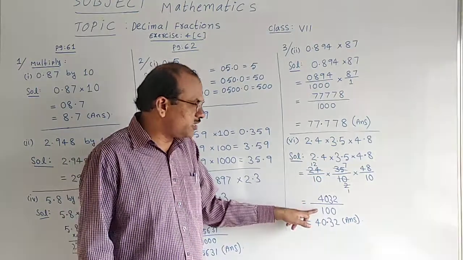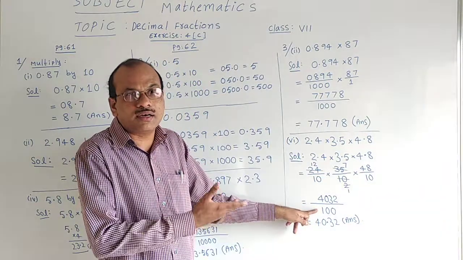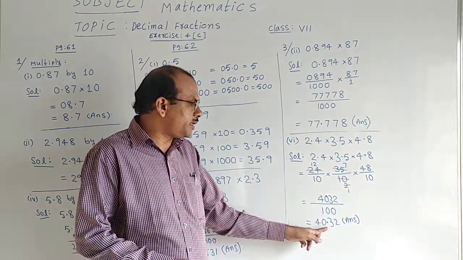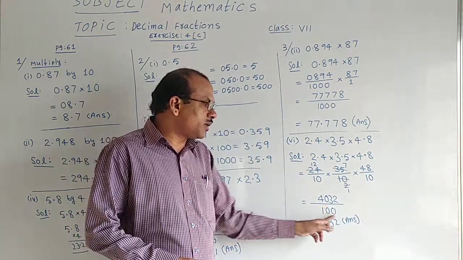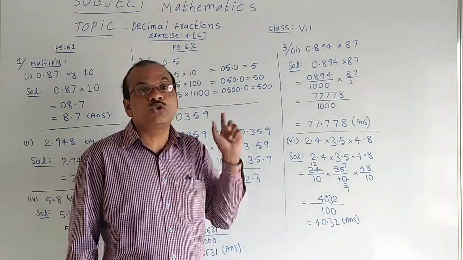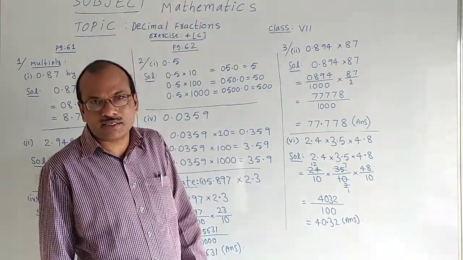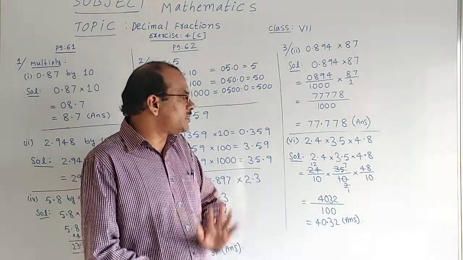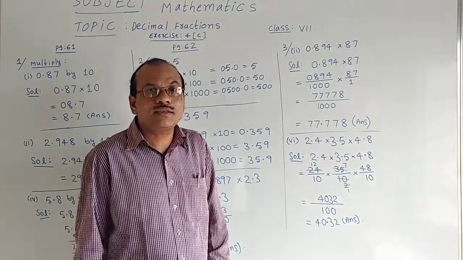It will be easier if the denominator is either 10 or 100 or 1000 like this. Our task will be easy. Directly we can place a point, as there are that many zeros in the denominator. Of course, starting should be 1. We should always check the number in the denominator. So it is 40.32. That remains the answer. Is it clear, students?